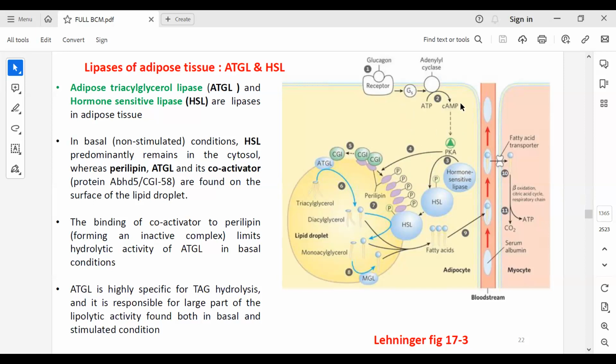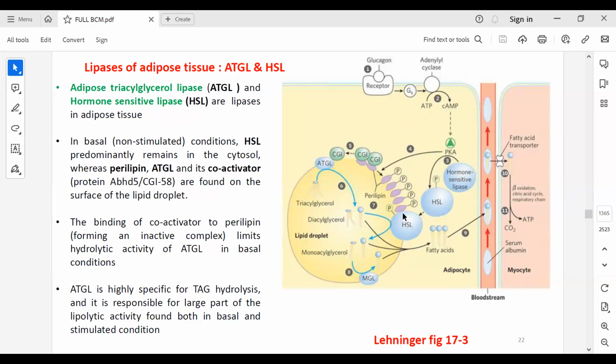We know these processes, like the G protein, the adenylyl cyclase, this intracellular process which will occur. This is hormone sensitive lipase, which, because of glucagon, will be activated.